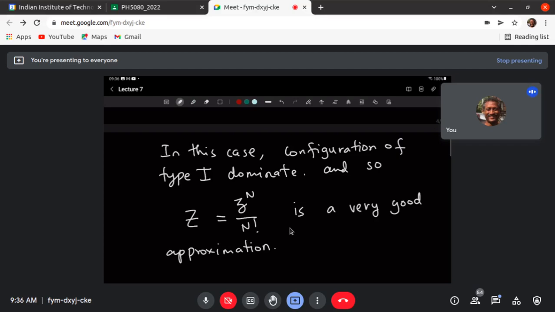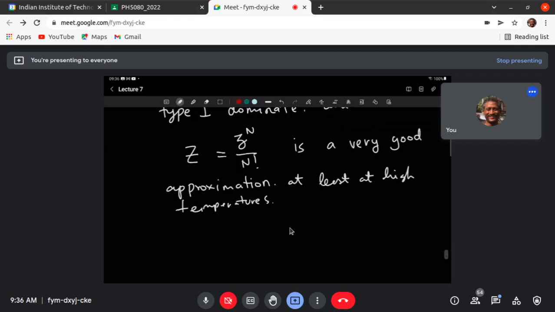But okay, let's say we are looking at reasonably high temperatures. High means need not be very, very high, but not close to zero.